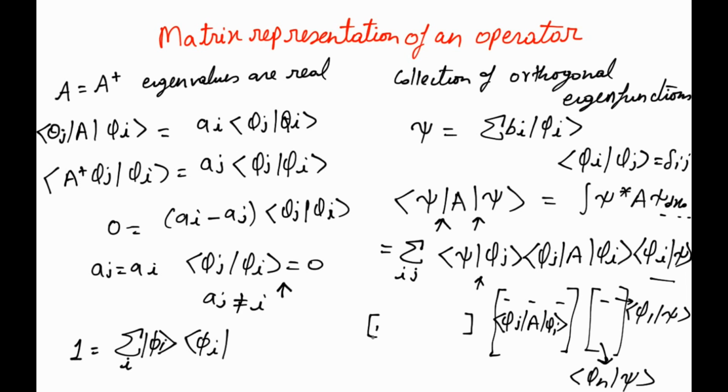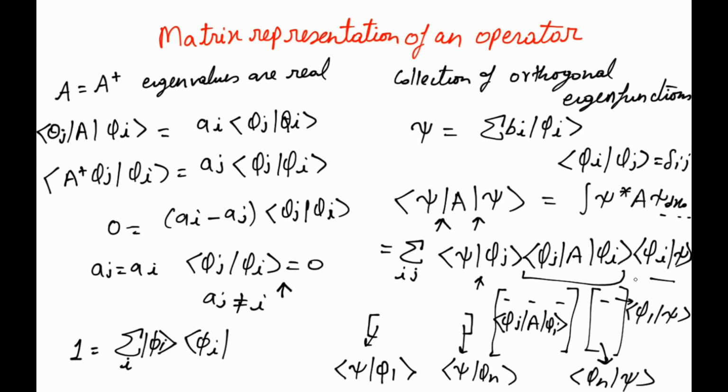Similarly here, now in this case, it's just the other way around. It's going to be psi, phi 1, and here it's going to be psi phi n, and this is what fills the matrix.